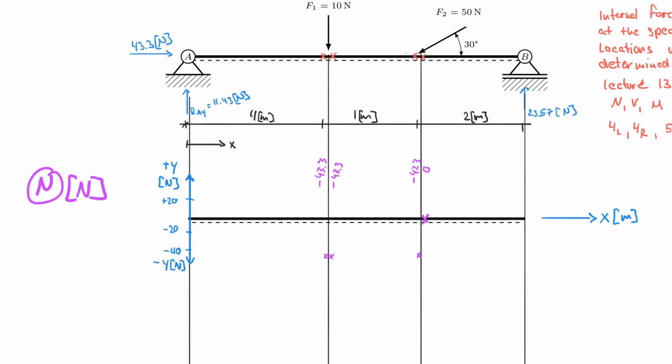So now the question is, can we extrapolate our understanding? Can we now actually predict what the value would be at x equals, let's say, 3 meters? So somewhere right here. Would we know what the value is at x equals 2 meters, and so on and so forth? And when you look at this picture and you really think about it, you probably can do that because you have the 43.3 here.